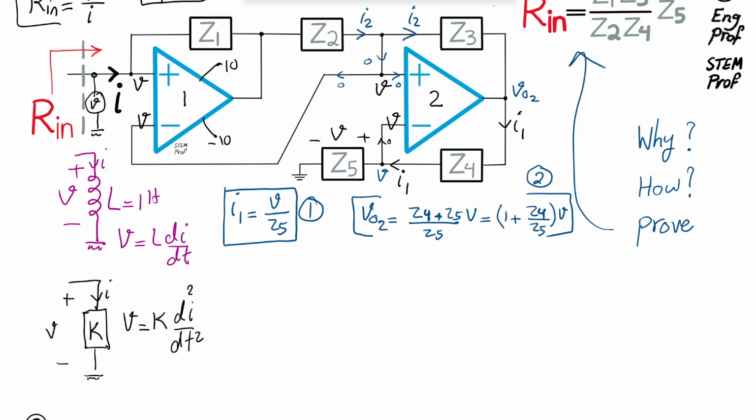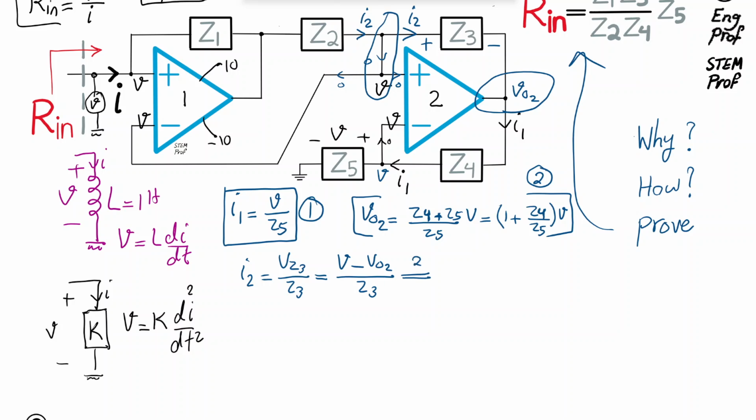So then I2 is going through a series of Z3 and Z2. I can find it. How? Well, I have V here, and I also found Vout2. So basically I have the voltage drop across Z3. So I2 is the voltage drop across Z3 divided by Z3, which means V minus Vout2 divided by Z3. I'm going to substitute using equation 2.